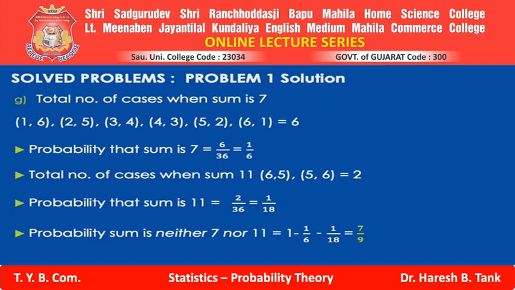Once you remove that bracket, that negative sign will affect the inner side. So it comes to 1 minus 1 upon 6 minus 1 upon 18. Further simplifying it, it comes to 7 upon 9. And that becomes the ultimate answer. Is it clear? Fine. Let us shift to the next example.